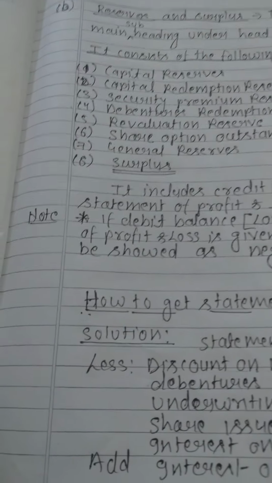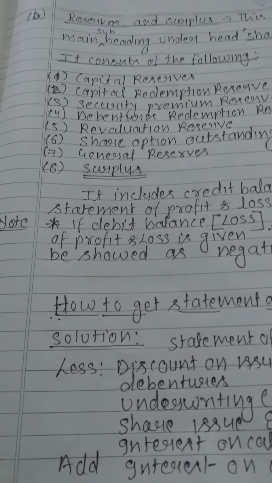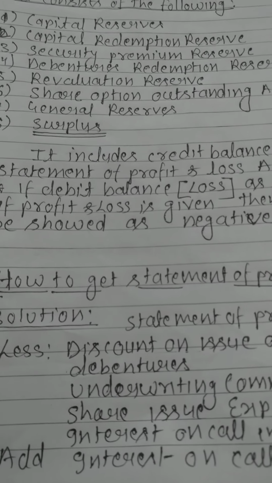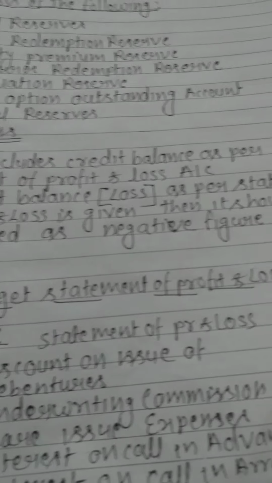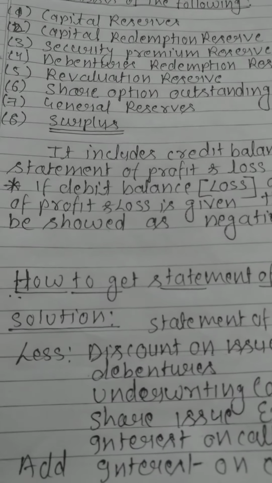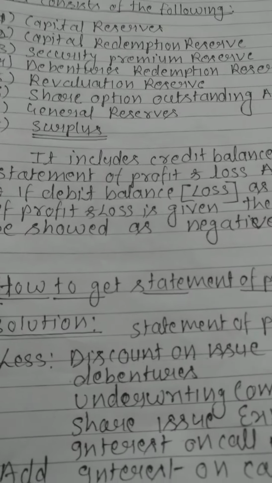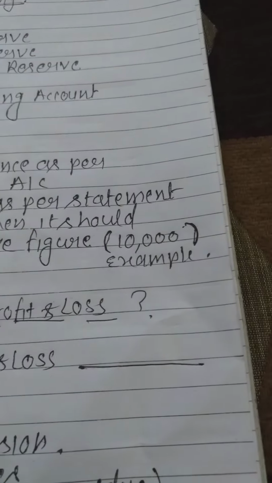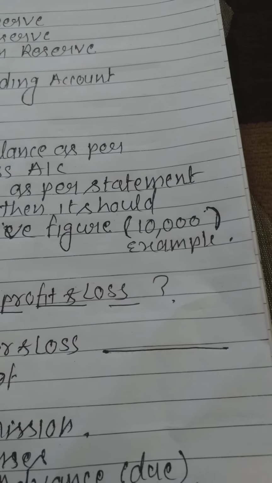So it may also happen that sometimes a debit balance is provided to you in the balance sheet. Debit balance means loss. So it is to be shown as a negative figure in the balance sheet, under the bracket, that means a negative figure.